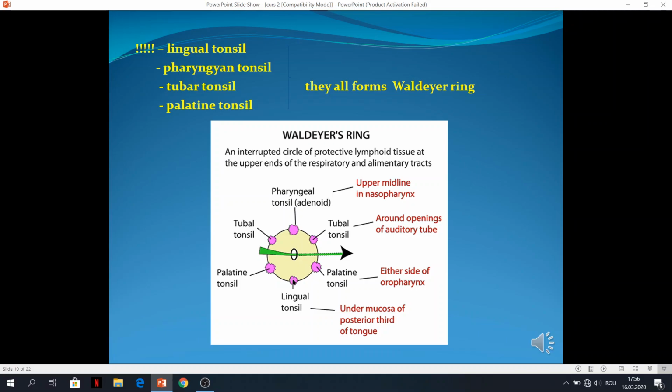On the tongue is the most inferior, the lingual tonsil. On each side, we have a palatine tonsil inside of the mouth. The pharyngeal tonsil is just one on the superior wall, and each lateral wall of the pharynx presents a tubal tonsil. So we have in total 6 tonsils, and because of their position, we can imagine they are on a circle. The name of the circle is Waldeyer ring.